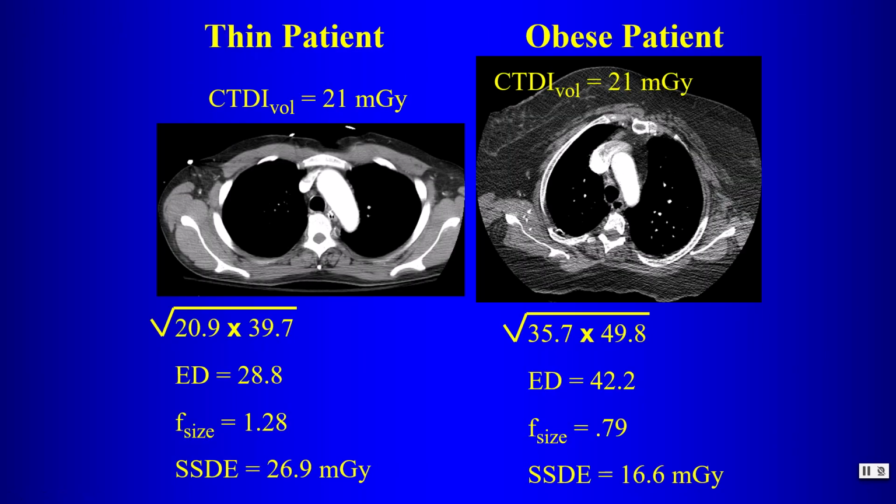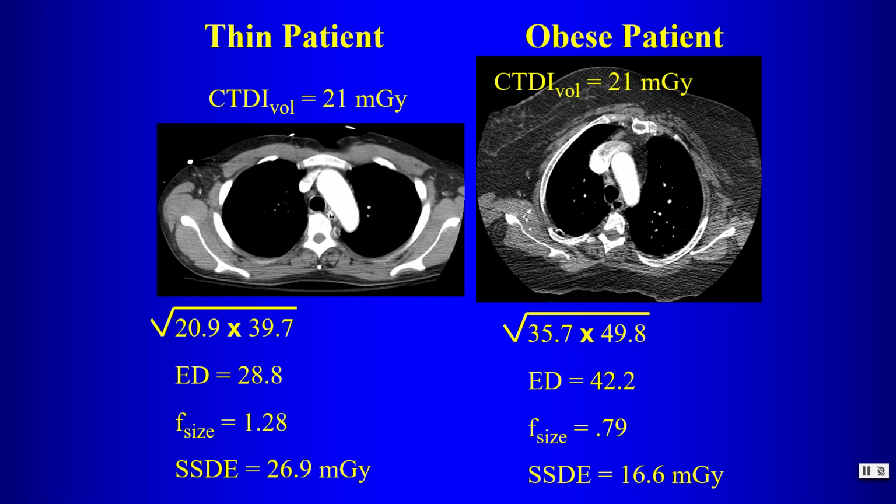If we go through these calculations in the thin patient with an effective diameter of about 29 centimeters, compared to our larger patient with an effective diameter of 42 centimeters, we look up the F size parameter and see that the dose for the larger patient is considerably lower than the dose for the thinner patient.